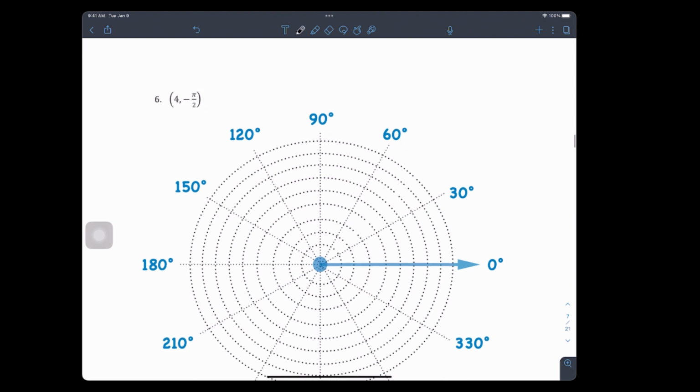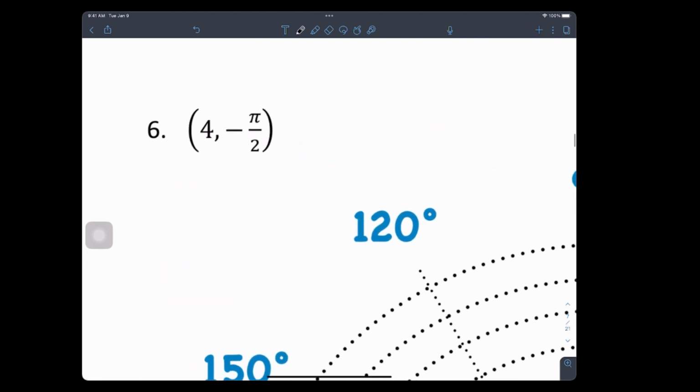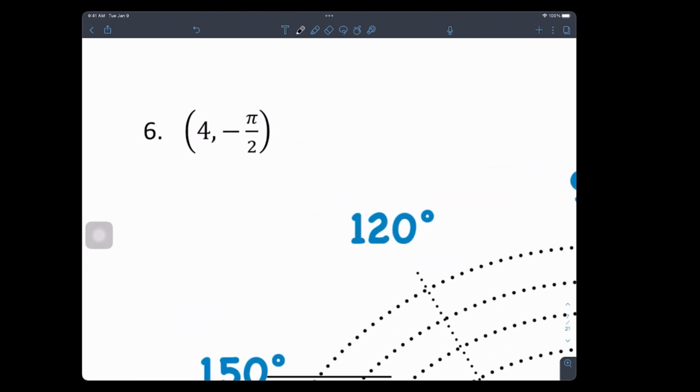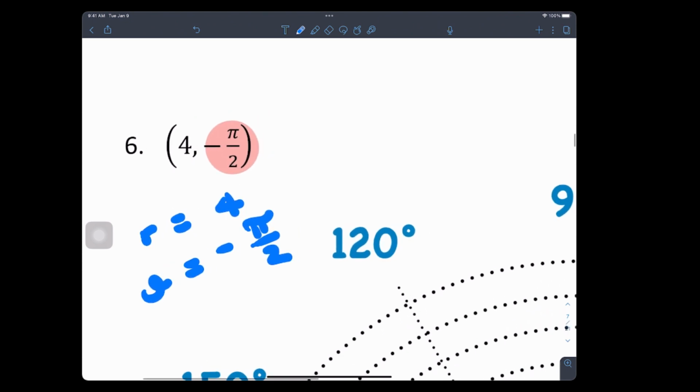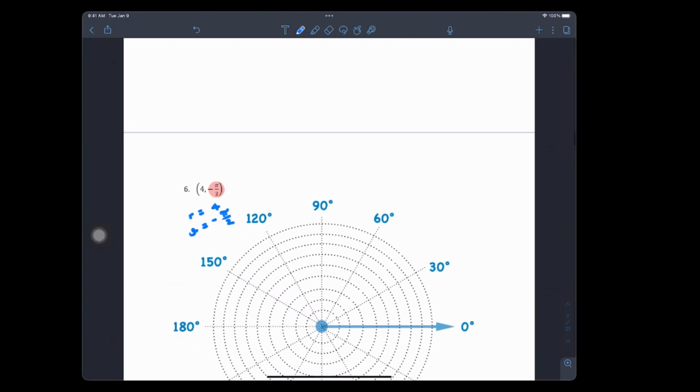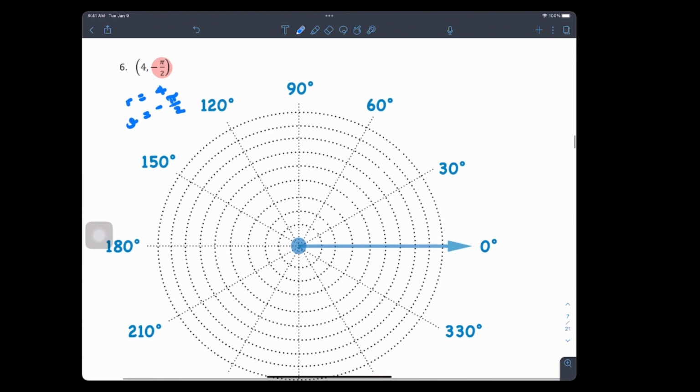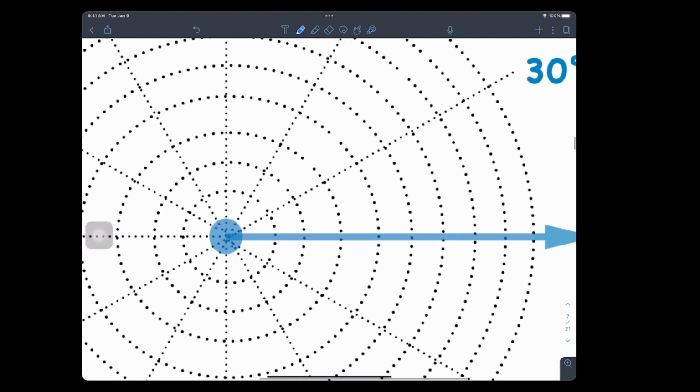Not too bad. In fact, you might say, well, how do negative angles work? Well, if you guys remember, how did negative angles work before? The radius value is 4. The angle is negative what? Pi over 2. So if you said, okay, let's plot the radius first, 1, 2, 3, 4.